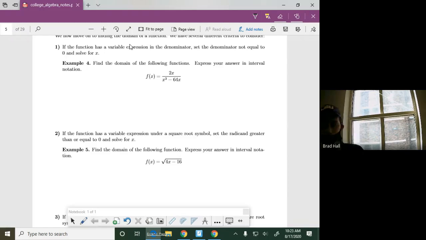What it says is set the denominator not equal to 0 and solve for x. That's the criteria. If you see a variable expression in the denominator, and I have an example of it right here, then take the denominator.